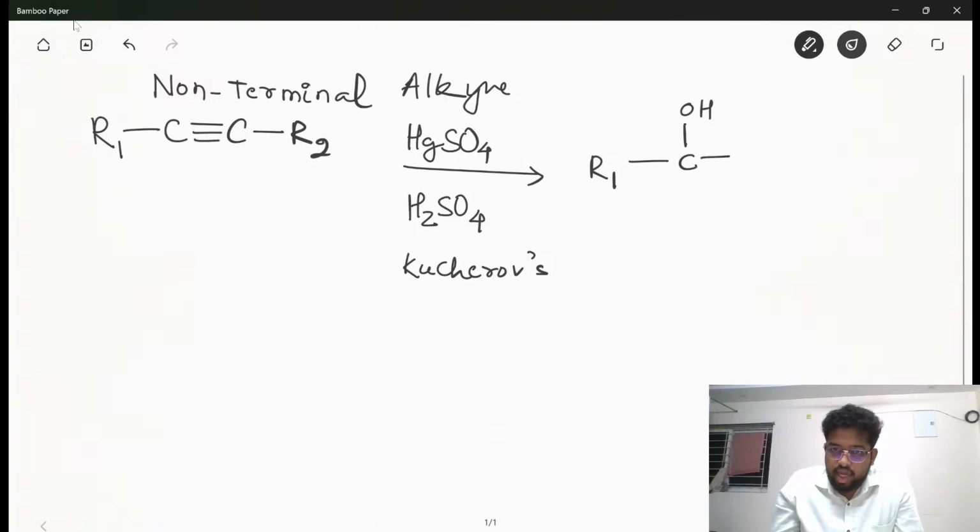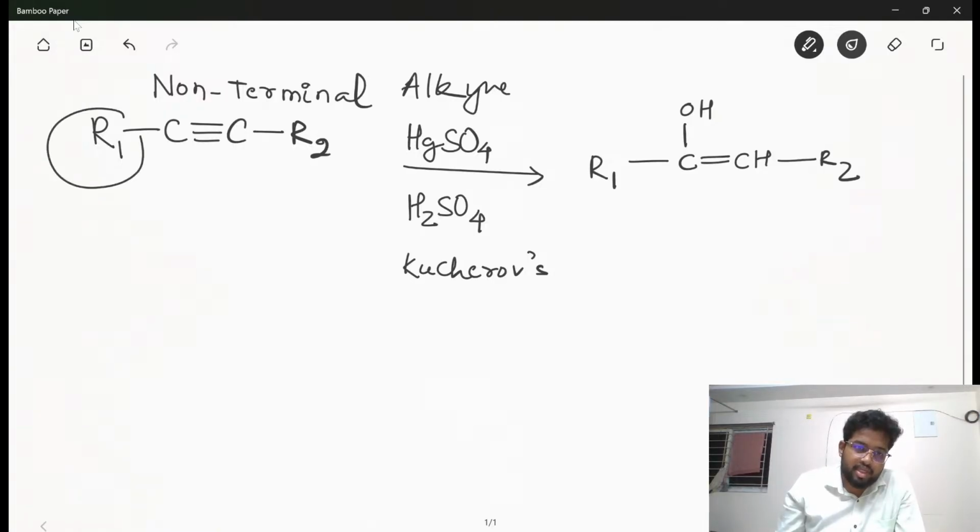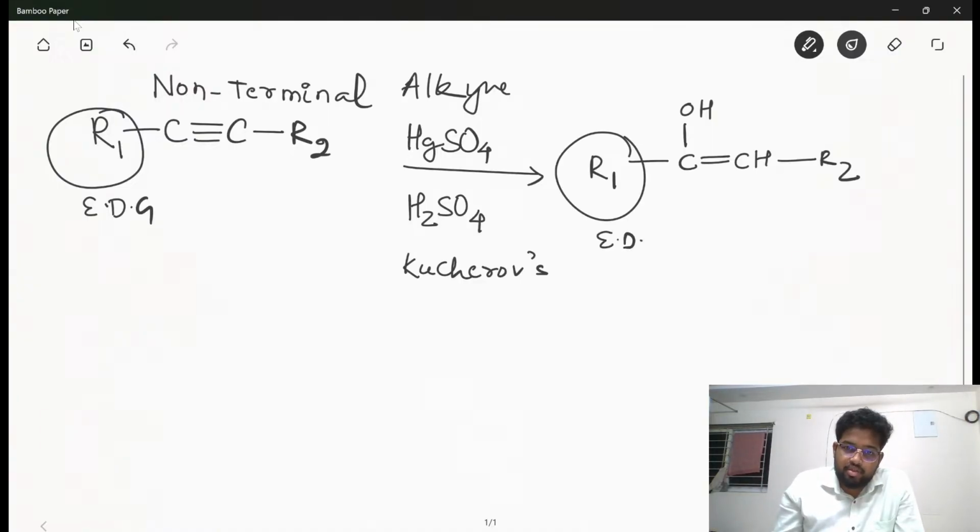The OH will add to the carbon having less number of hydrogen. Here neither has any hydrogen. So I told you one simple trick that you have to decide that the OH will go to that side where electron donating group is there. This group must be an electron donating group. Go back to GOC and find out which groups are electron donating groups.